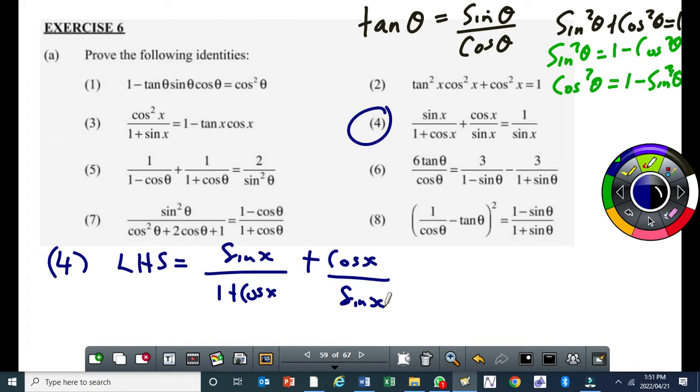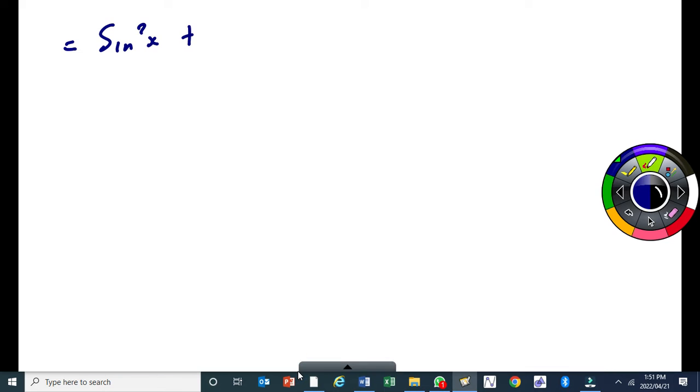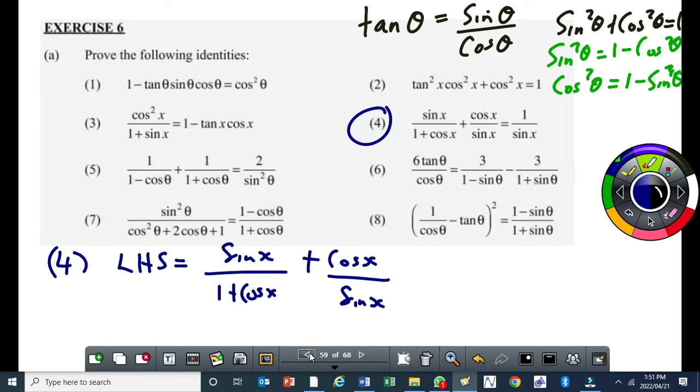So the LCD will be the product of the denominators. Therefore, I have to multiply this numerator by sine x, this numerator by 1 plus cos x. Okay? So if I do that, I will get sine squared x plus, that will be plus 1.